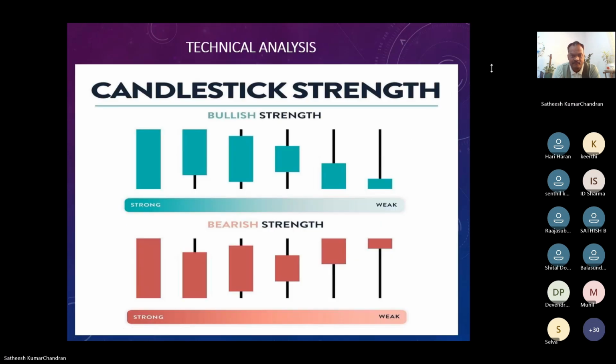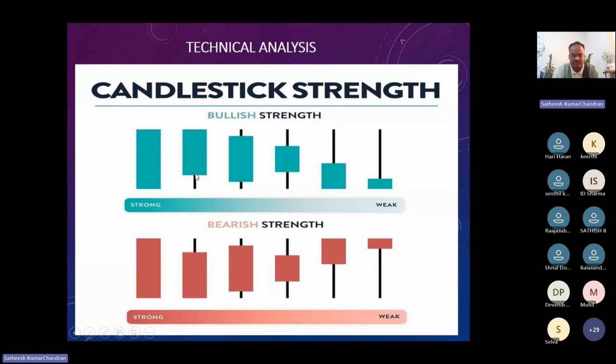See, green is always growth, red is always weak. It's like degrowth, you can say. Bullish means green, price rise means green; bearish means red, price drop is red, sell. If this candle is full, it is strong.